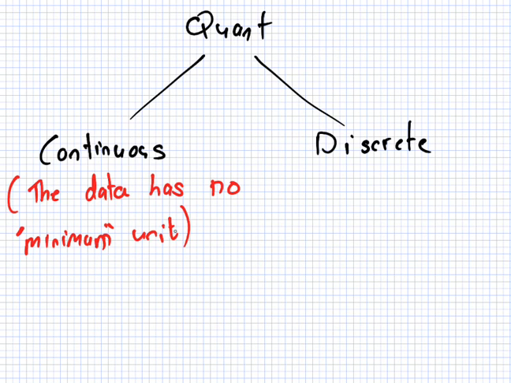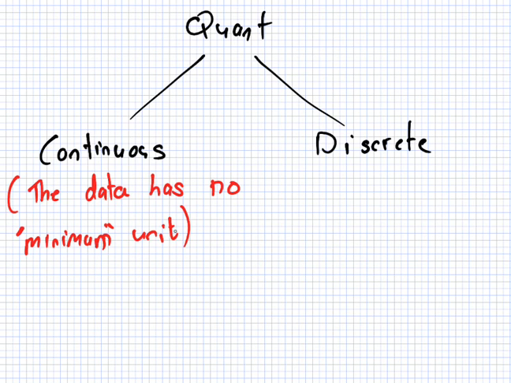Discrete has some kind of minimum unit. Okay? So an example of discrete would be shoe size. Because when you measure or buy shoes, they're always in multiples of a half. 4, 4.5, 5, 5.5 if you're using the US or UK system.